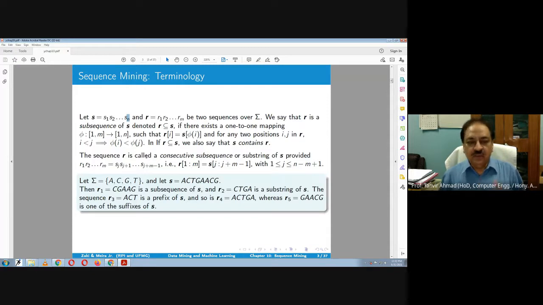That means those characters of R match in sequence in S, so R1 to m is equal to S j to j+m-1.